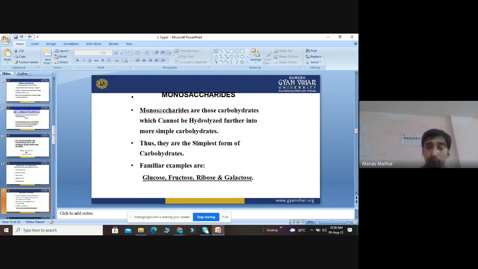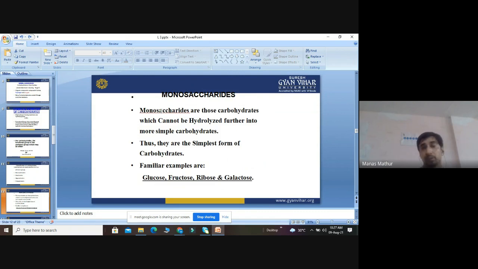Thus, they are the simplest form of carbohydrates.